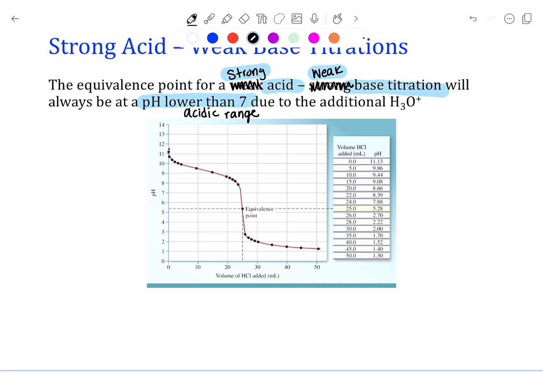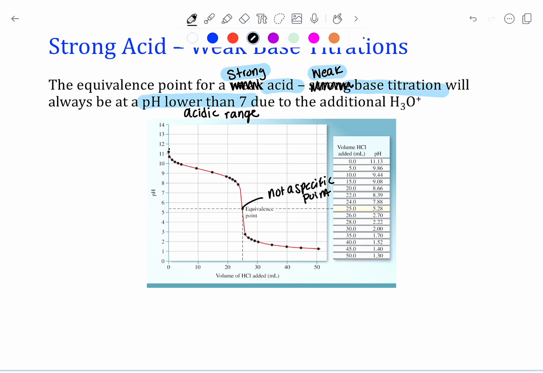And this is due to the additional H3O+ that are present in the solution when this reaction is happening. So we see again that this is not a specific point. It is again just a range where it could be. It's not always going to be at 5.5 pH.